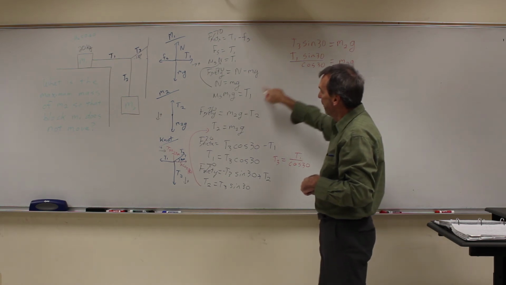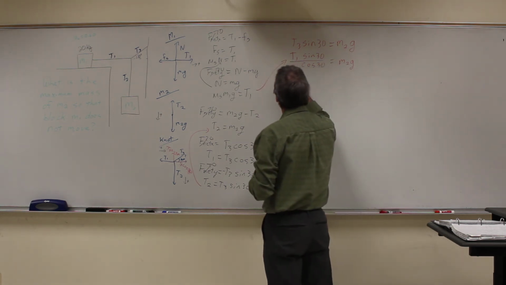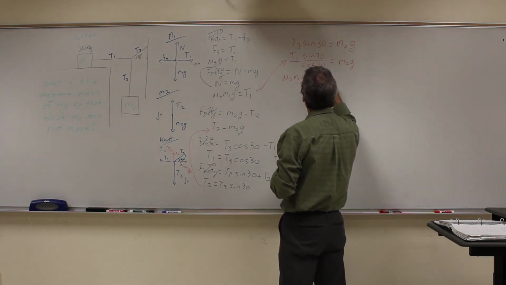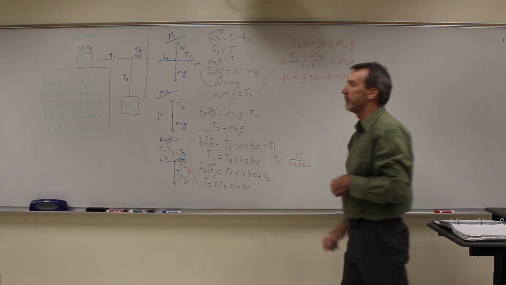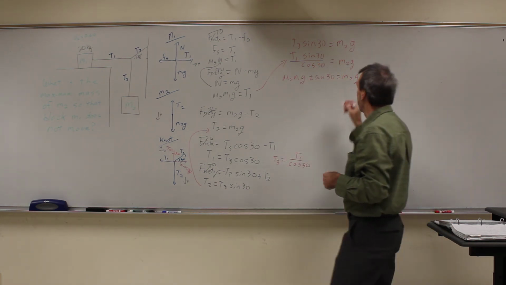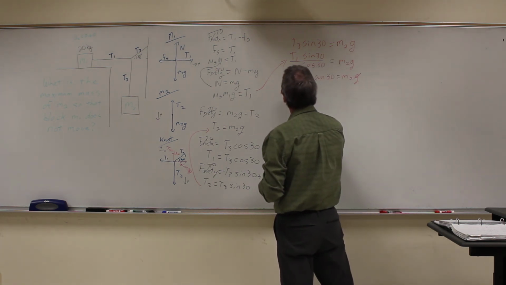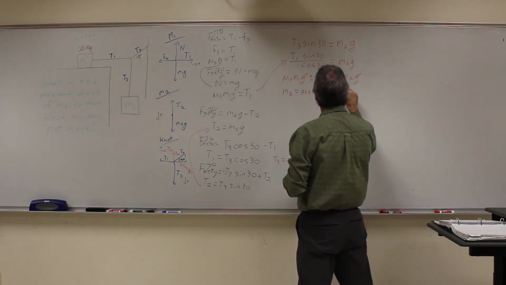But T1 we have up here, so I'm going to plug that in for T1, and I'm going to get mu sub s times M1G, and sine over cosine is just tangent of 30 is equal to M2G. And then I just divide both sides by G. That goes away, and I get M2 is equal to mu sub s M1 tangent of 30.